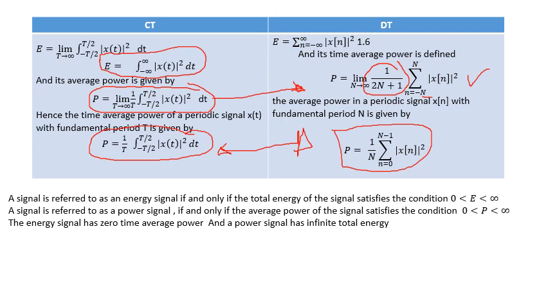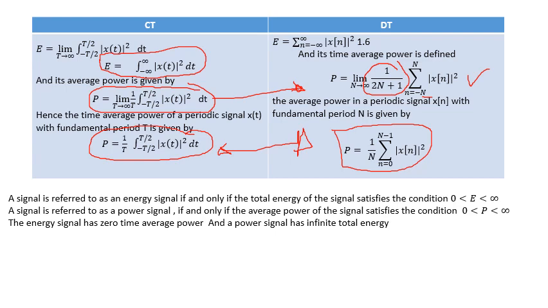Then we say a signal is said to be an energy signal if it has finite non-zero energy. And similarly, a signal is said to be a power signal if it has non-zero finite power value.